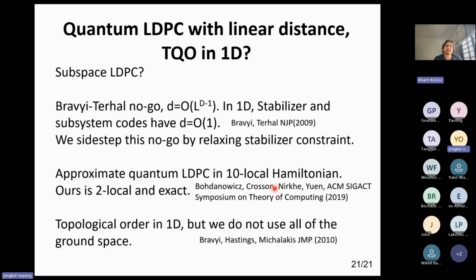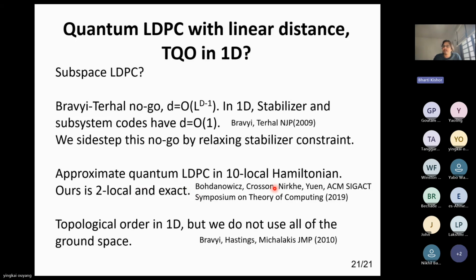So, Yingkai, I think Andrew also maybe asked this question, or maybe he was thinking about it when you had some trouble reconnecting. So the question is this: let's say the Knill-Laflamme condition that you are using.